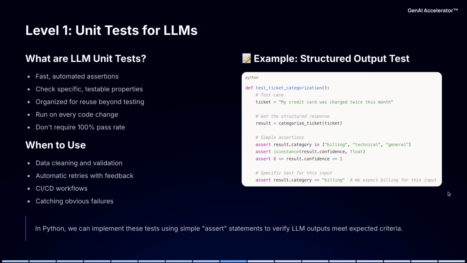So let's get into some examples of all of these 3 tests. So level 1, the unit tests. Again, they are fast automated assertions. For those of you new to Python or who have never worked with assertions, you can do this in Python by looking at the image on the right over here and using the assert keyword.